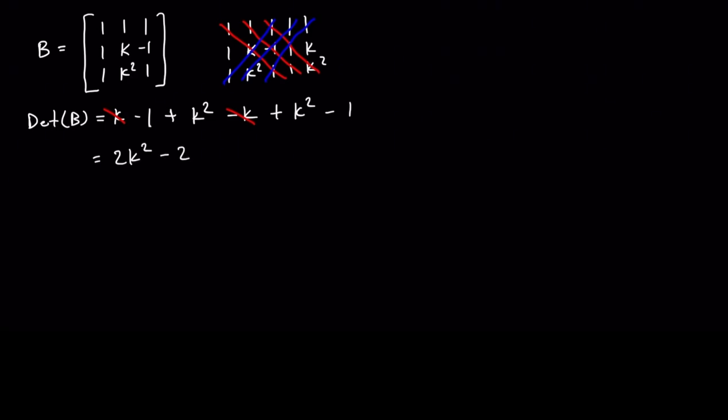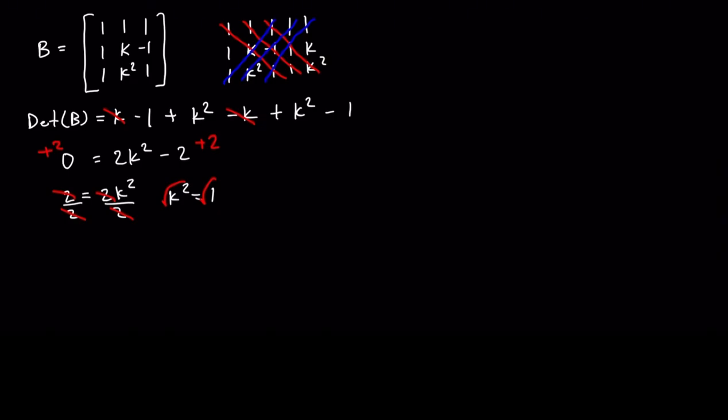And we know that the determinant of B is 0 if it's not invertible. So let's put 0. So what we'll do is, I'm going to add 2 on both sides. So that gives us 2 is equal to 2k squared. Let's divide both sides by 2. So that means k squared is equal to 1. Now we take the square root on both sides.